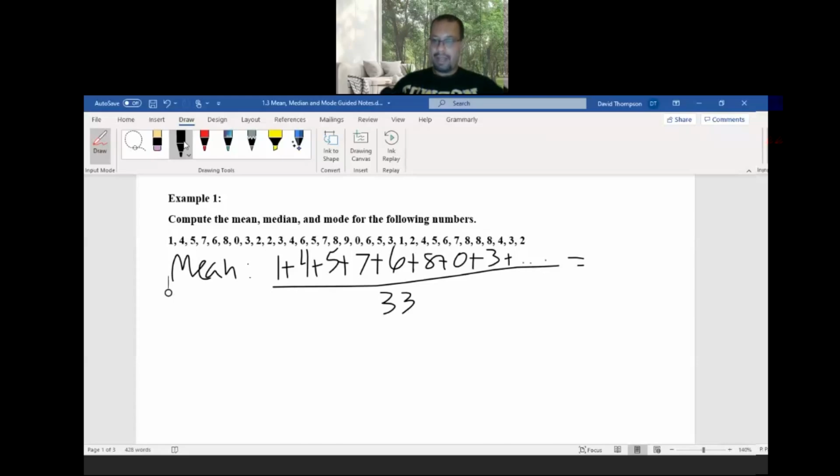When I add all that together, I get 152. I'll divide that by 33, for the total number of numbers, and we get our mean to be 4.61.